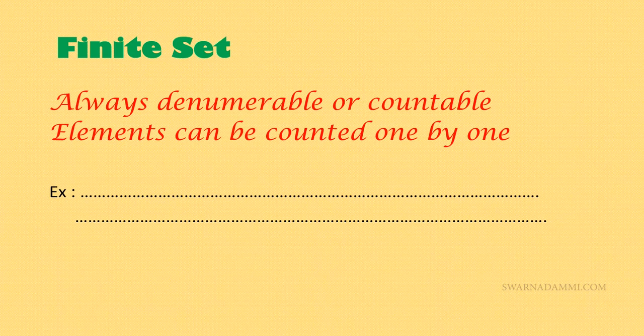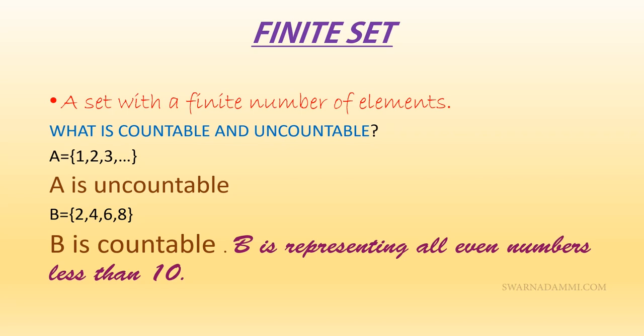Finite sets are always denumerable or countable. That means their elements can be counted one by one. But an infinite set may be either countable or uncountable. What is countable and uncountable?